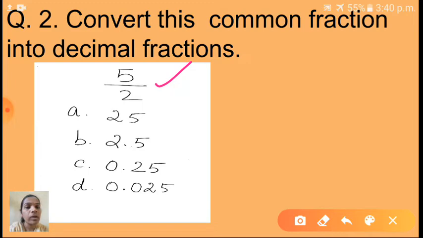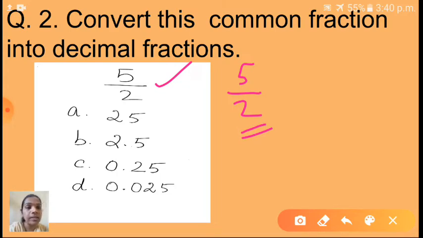Isn't it children? That power of 10, that number. See here, so 5 upon 2. So in 2's place, which number do we want? 10, 100 or 1000. Like this number we want. So 2 into dash is equal to 10. In 2's table, which number will come? 10 will come. Isn't it children? So we can easily convert this 2 into 10.